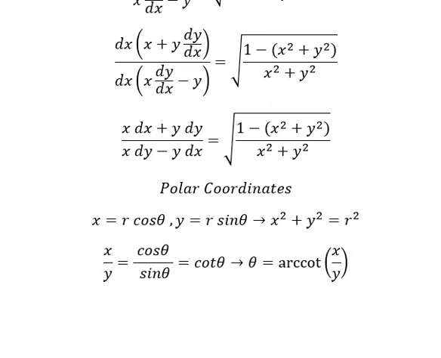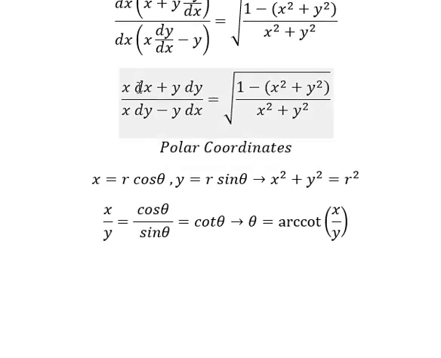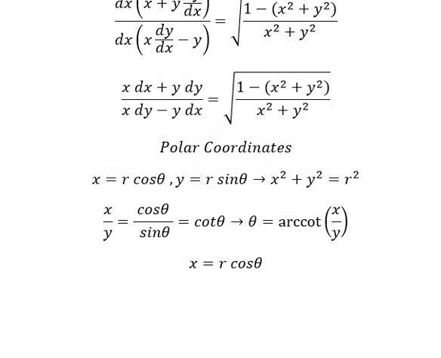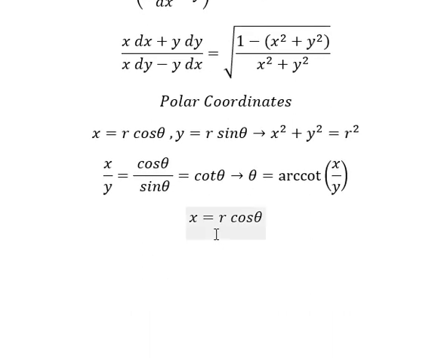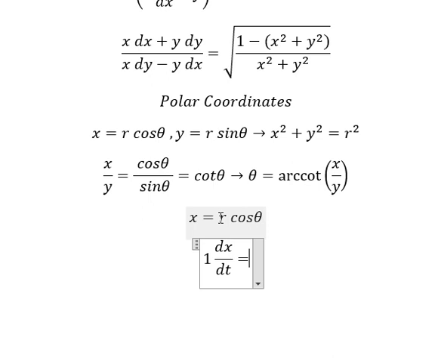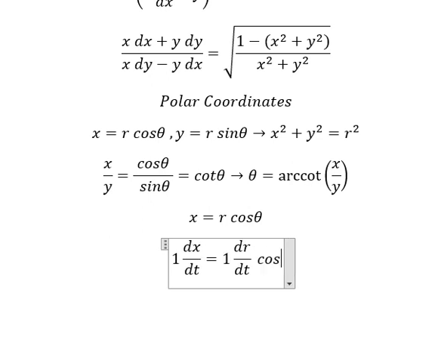Now we have the next one, which is about dx and dy. So in this situation, we can first take the derivative of both sides. This one we have 1 dx over dt. So we first take the derivative of r. So we have 1 dr over dt multiplied by cosine theta.